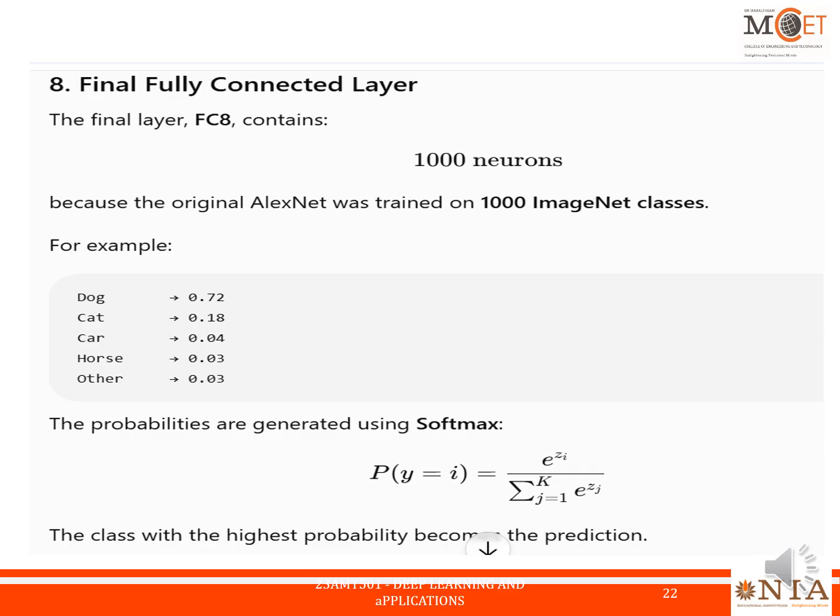The final layer, FC8, contains 1000 neurons because the original AlexNet was trained on 1000 ImageNet classes, for example dog, cat, car, and others. The probabilities are generated using the softmax activation function, given by P(y = i) equals e to the power z_i divided by the summation over j equals 1 to k of e to the power z_j. The class with the highest probability becomes the prediction of the output.